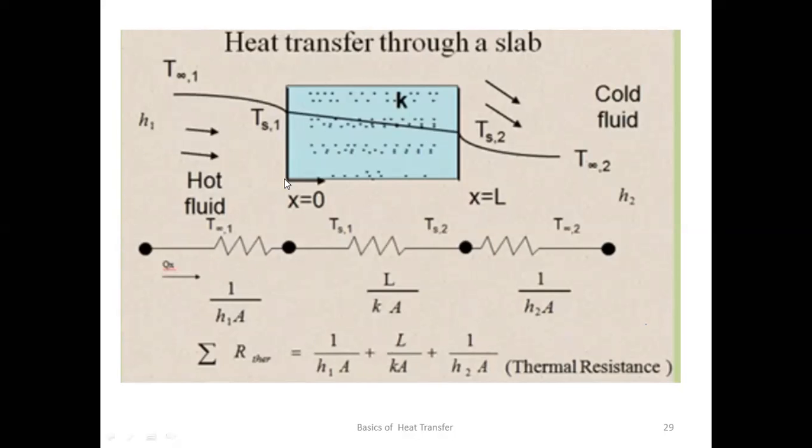Now hence this arrangement can be shown in a circuit diagram. You have to draw a circuit diagram for this arrangement. In future, when you are going to solve the problem for the given arrangement, you have to draw the equivalent thermal resistances arrangement. Here, for one fluid there is one resistance.